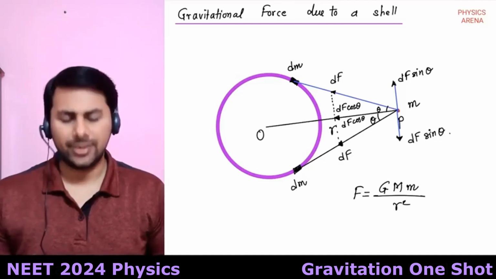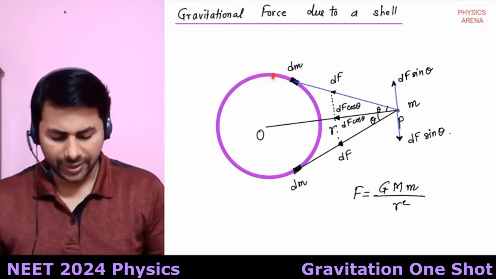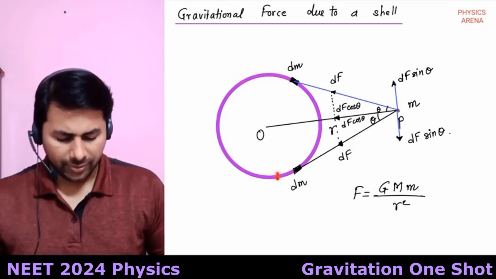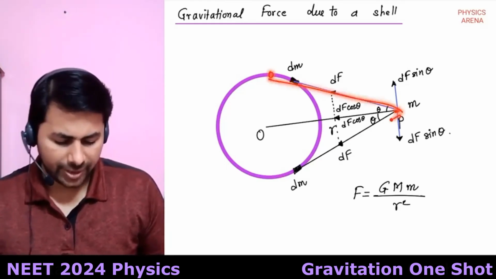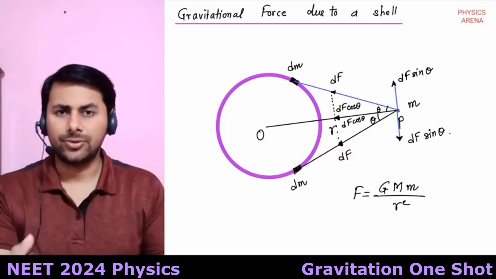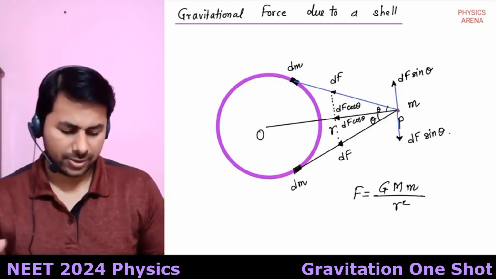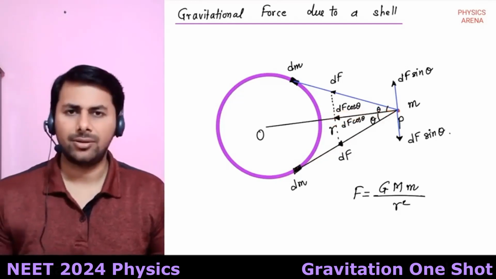Now we can consider such small pieces, one on this side and one on this side, whose distance from this mass will be equal. So the sum of forces due to those two will also be in the same direction.